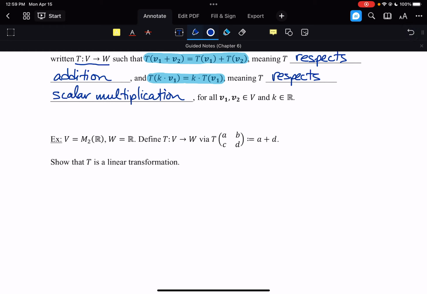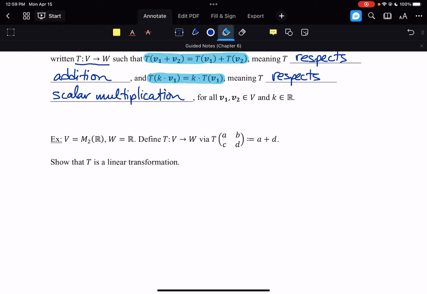And the specific relationship, how we're doing that, is defined here. If we take a matrix A, B, C, D, when we transform that matrix, we turn it into a real number defined as A plus D. So we take the first component and the fourth component and add them together. That is how we're defining this specific transformation in this problem.